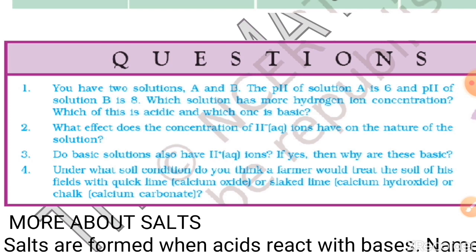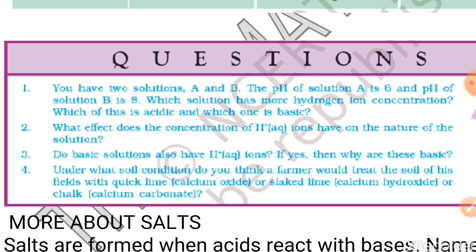Now moving to the next problem, which is, under what soil condition do you think a farmer would treat the soil of his field with quicklime, calcium oxide, or slaked lime, calcium hydroxide, or chalk, calcium carbonate? You must know that these three things, quicklime, slaked lime, and chalk, are basic in nature.